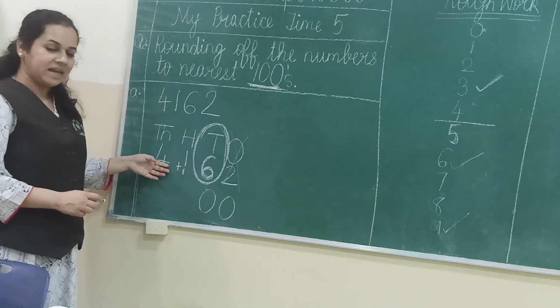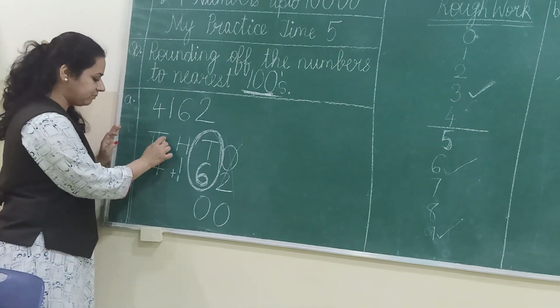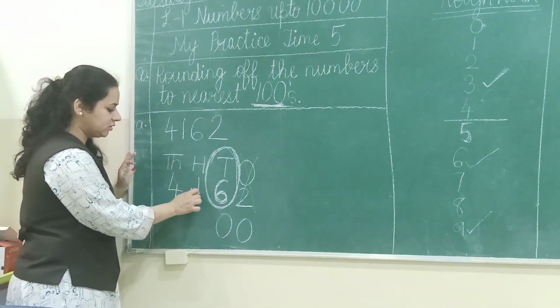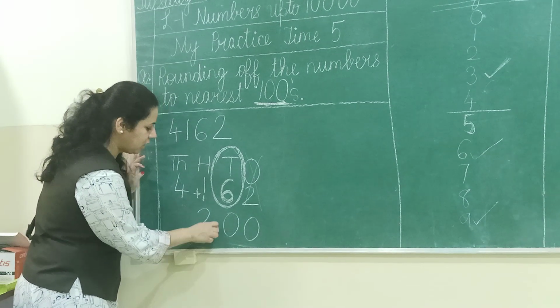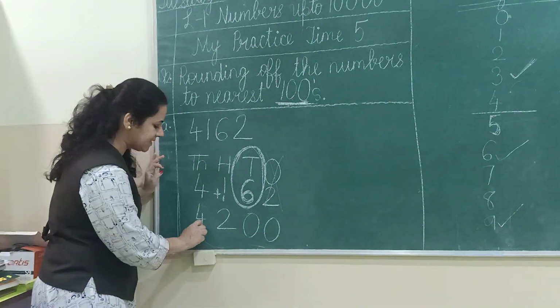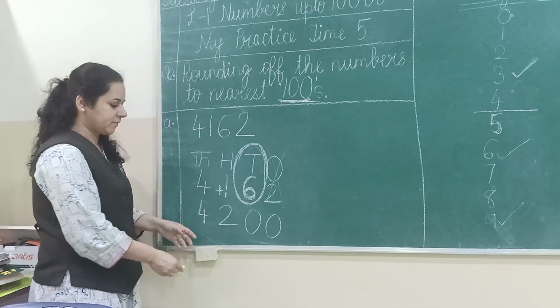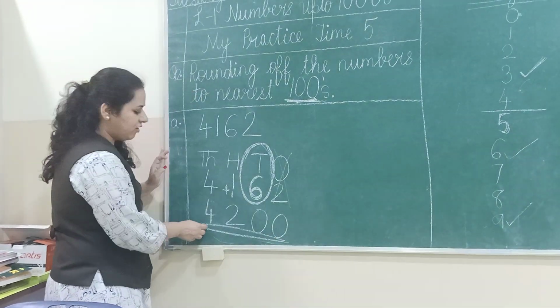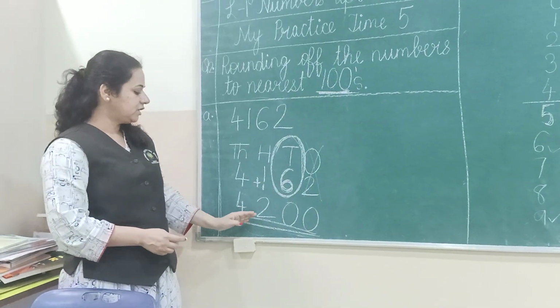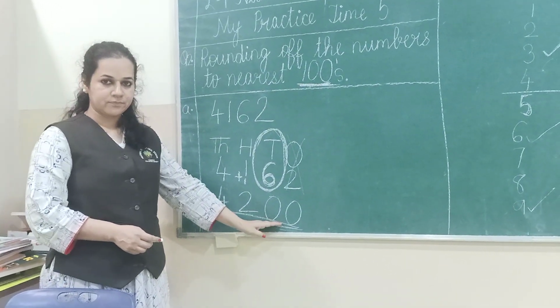We will not do anything on the thousands place. So this becomes 200. 1 plus 1 is 2, so 200. This 4 will remain as it is. So the rounding of 4162 to the nearest hundred is 4200.